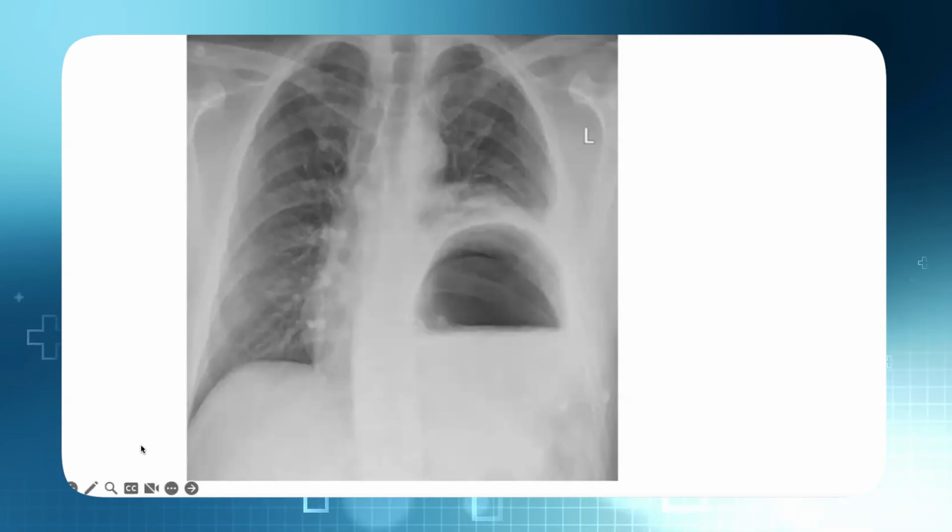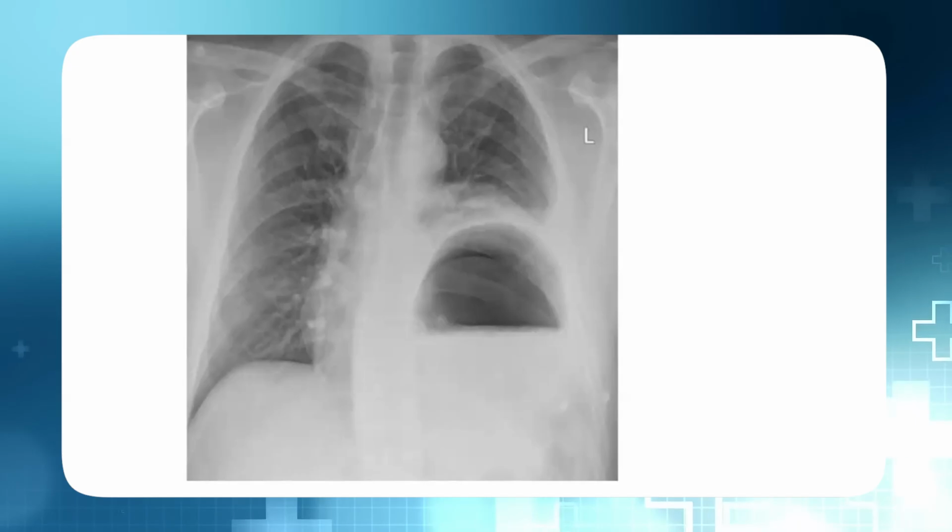So the features consist of a hyperinflated lung on the right side, and on the left side the diaphragm is upward. Tension gastrothorax on the left side.